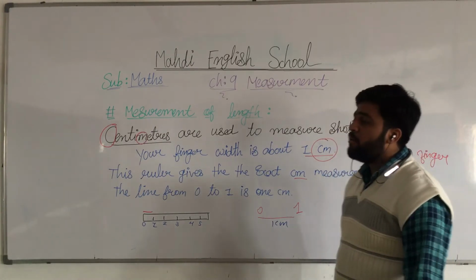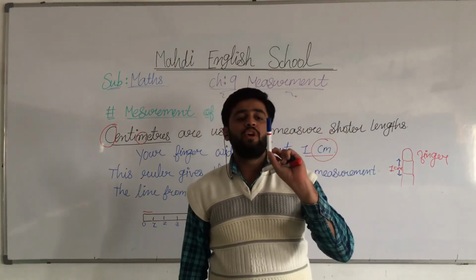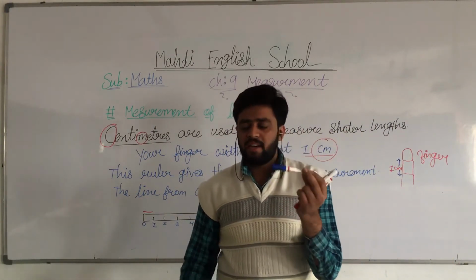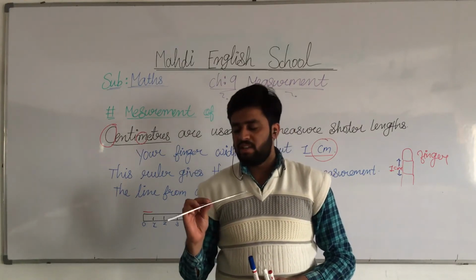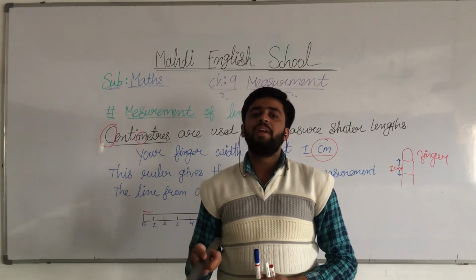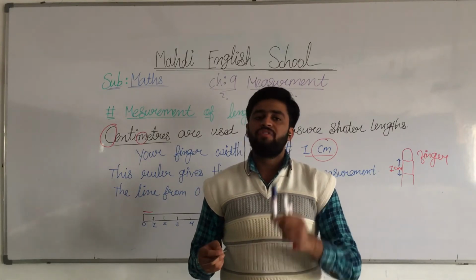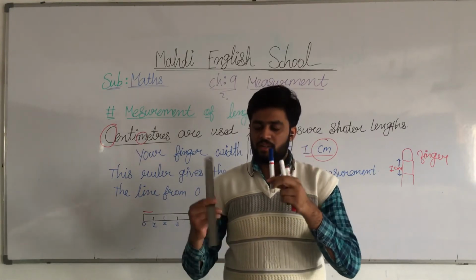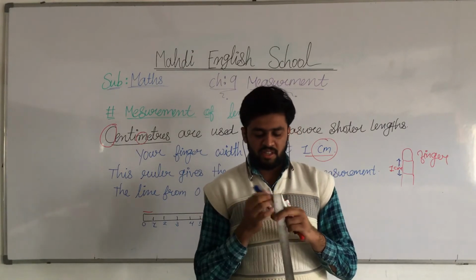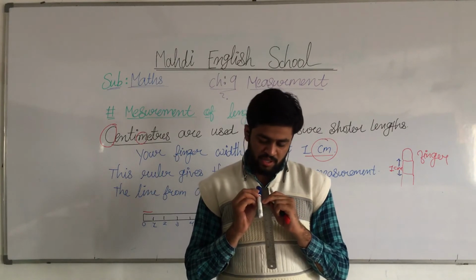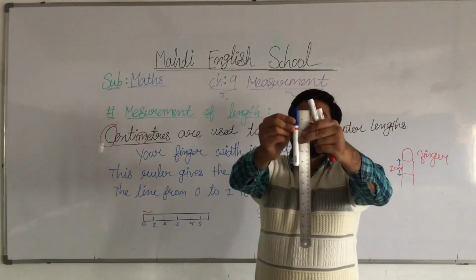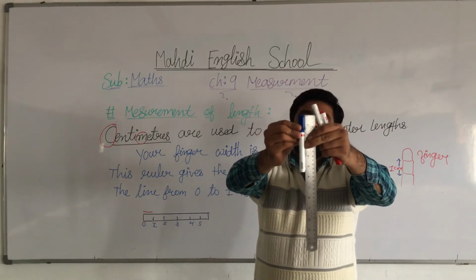Okay, I have to check here the length of a marker. See, this is a marker and this is a scale. So with the scale I am checking how many centimeters this marker is. So now see, it started from 0 and exactly reached 5 centimeter.